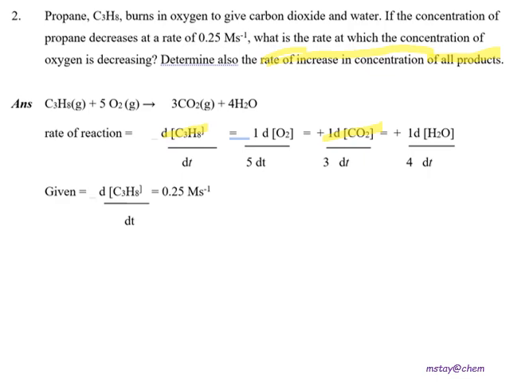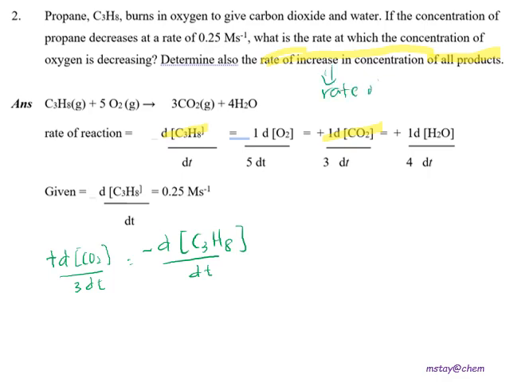Since we are going to determine the rate of formation for the carbon dioxide, we write down positive d CO2 over 3 dt equal to negative d concentration C3H8 over dt. Again, for the rate of formation of concentration, similar to disappearance, it is without the coefficient.